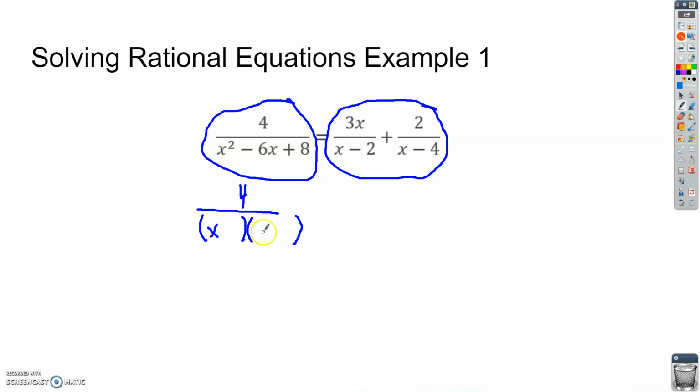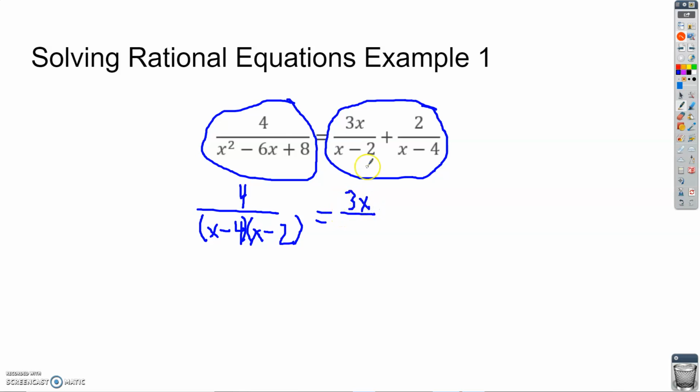It's x and x, and then what two numbers multiply together gives me 8, but when I add them gives me negative 6, and that's negative 4 and negative 2.